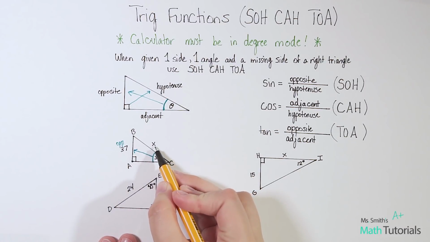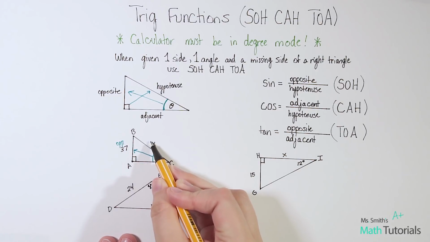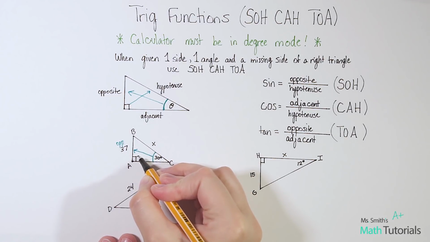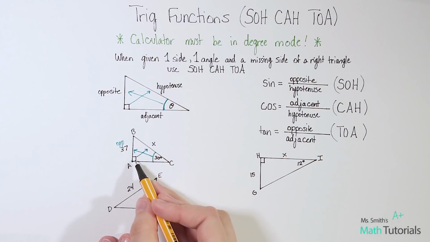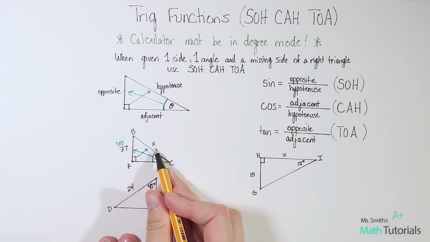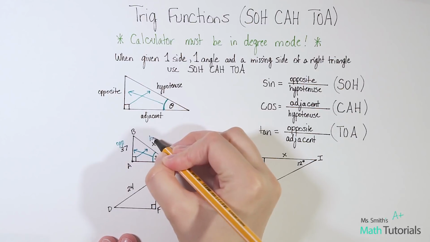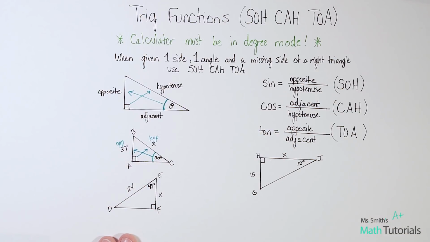They've labeled this one X, and they want to know what this one is. Well, I see it's directly opposite the right angle, so that would make it the hypotenuse, and I can label it HYP. That would make the adjacent down here.